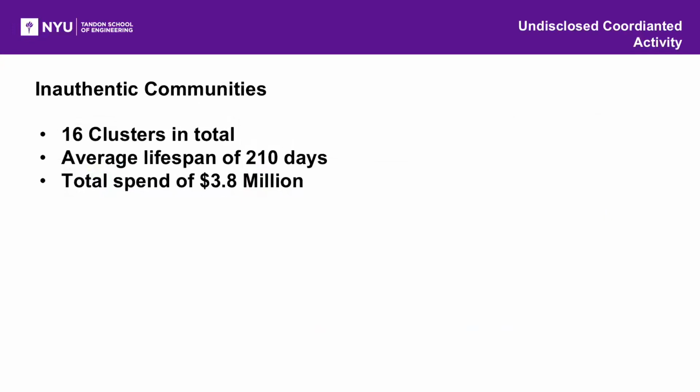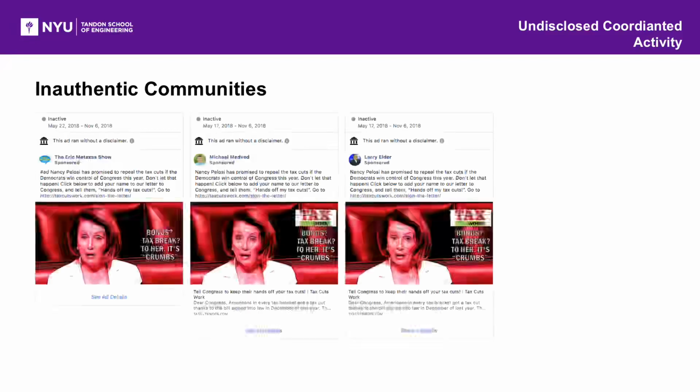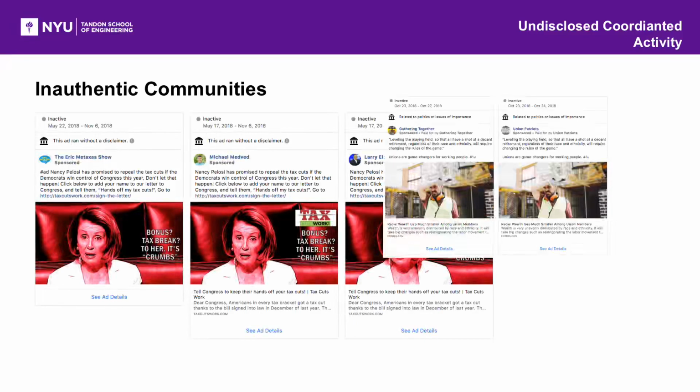So lastly, we found several inauthentic communities of the style that prompted us to initially look for this pattern of behavior. So we found 16 clusters of this type of activity with a total spend of $3.8 million and an average lifespan of 210 days. And that can look like a wide range of things. So here, clearly aimed at Republicans.